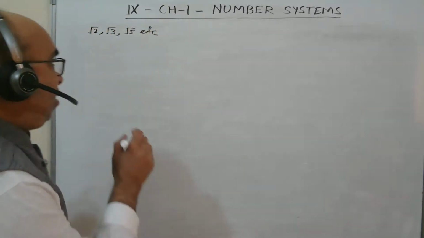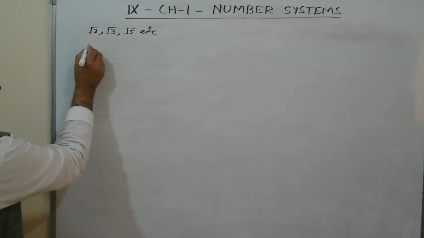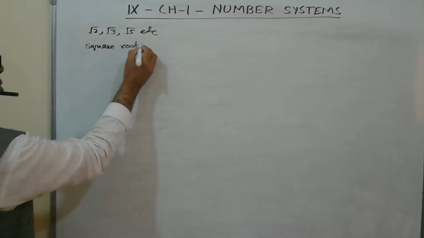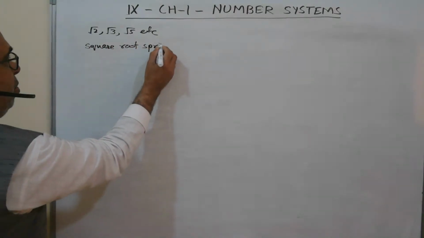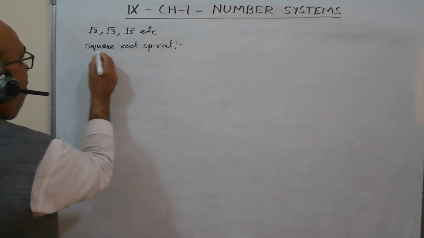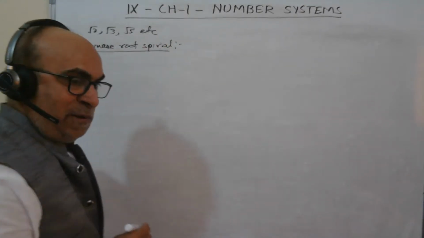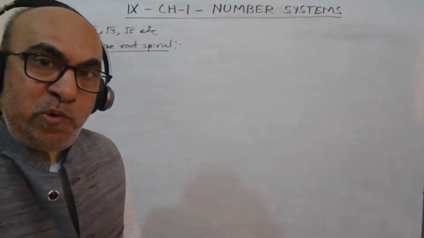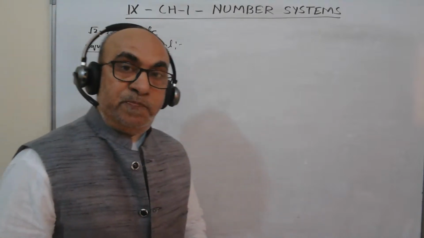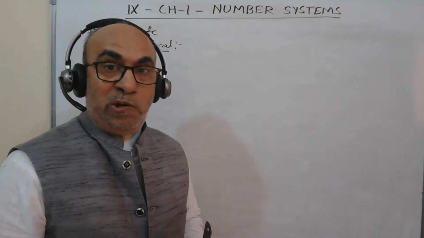So first I will draw a square root spiral. This is the activity of chapter 1, and this activity you have to do. So we need a geometry box.